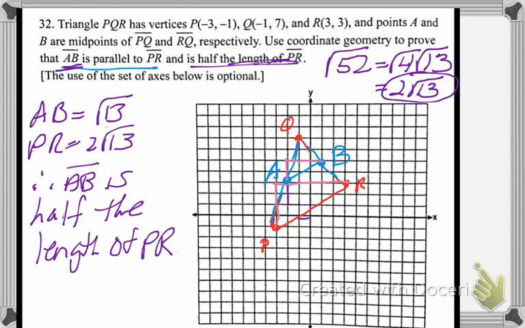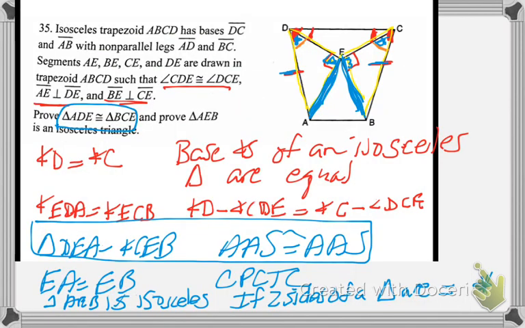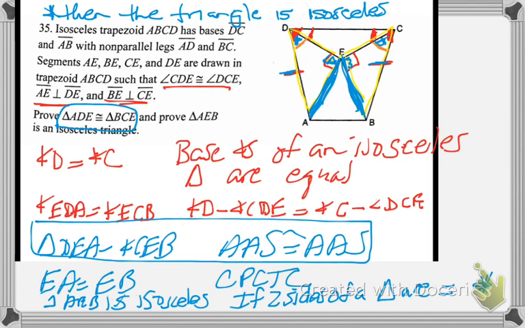Then the triangle is isosceles. Okay, and that finishes all the problems from the working class.